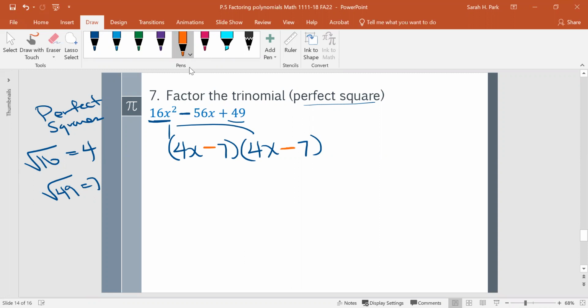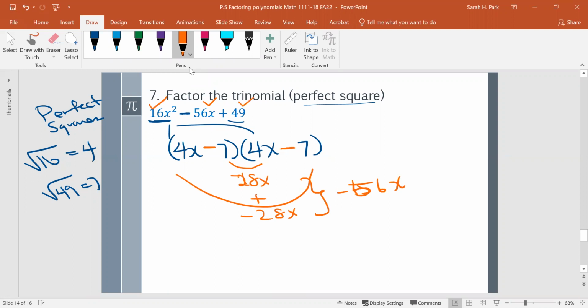Remember the outside and the inside terms are supposed to give us negative 56. So negative 7 times 4x is negative 28x, and 4x times negative 7 is negative 28x. If that adds together to negative 56x, we are good to go with the middle term. We got the 16x squared, we got the negative 7 times negative 7, which is 49. So this simplifies to 4x minus 7 squared.